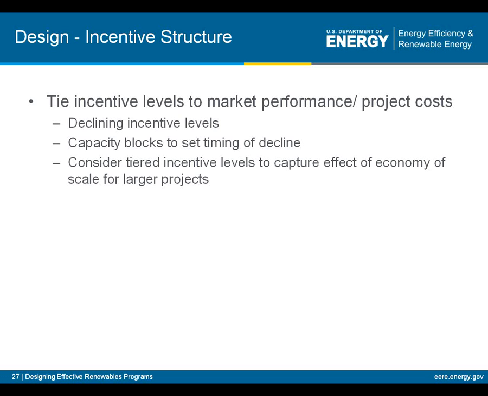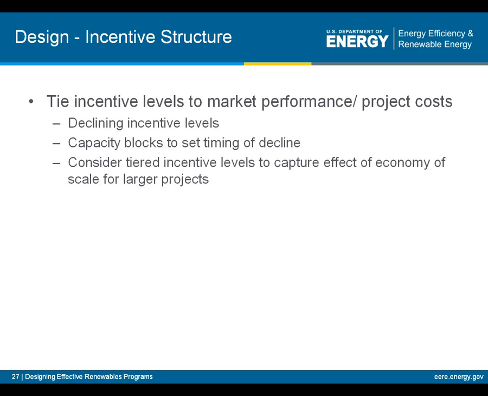One way to actually tie those declining levels to market performance is a tool called a capacity block. And in that particular situation, you design and publish ahead of time exactly how your incentive levels will decline, and the decline is triggered once a certain capacity of that technology is reserved and approved under your program.